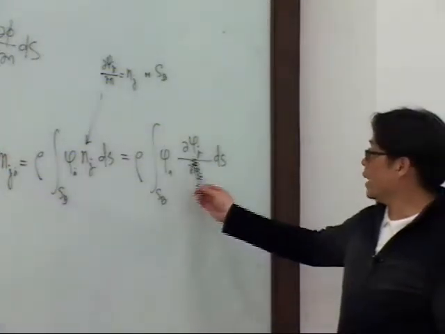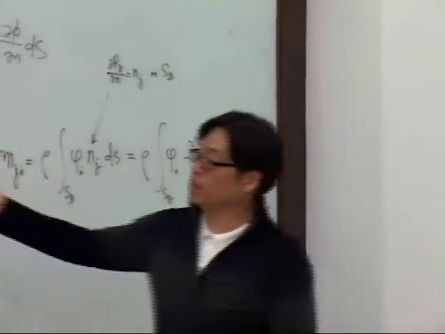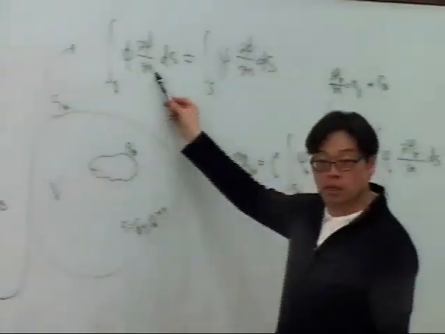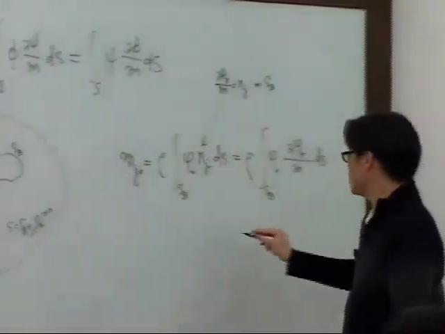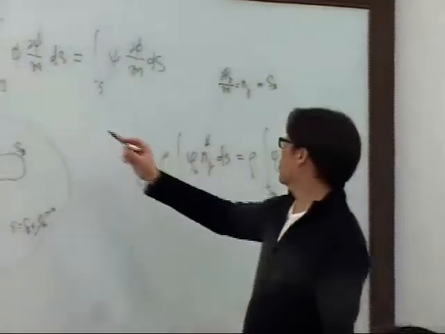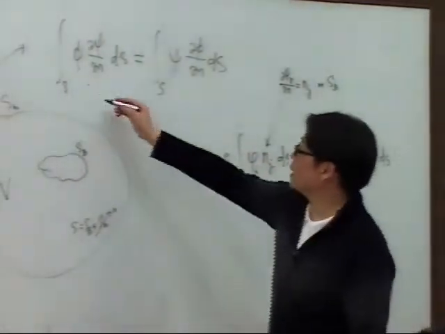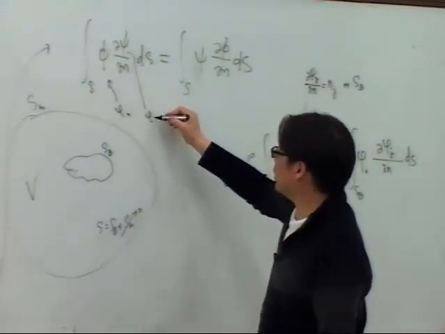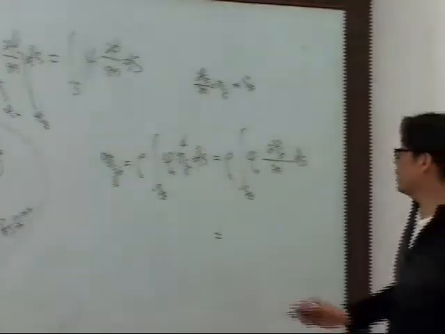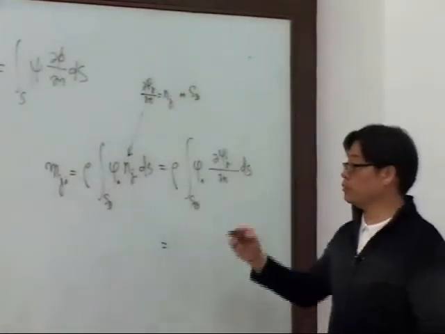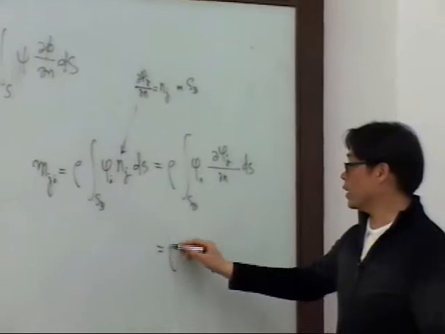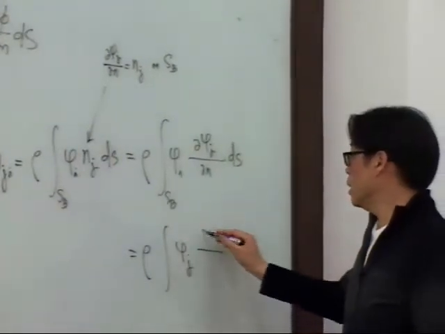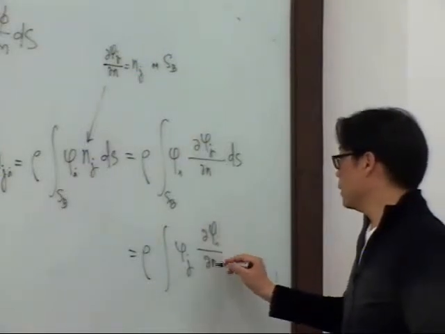And this phi_i and phi_j both satisfy the Laplace equation. Therefore, I can use this. So this time, my phi is phi_i, and this psi is phi_j. Then from the Green's identity, I can write this as phi_j d phi_i dn dS.